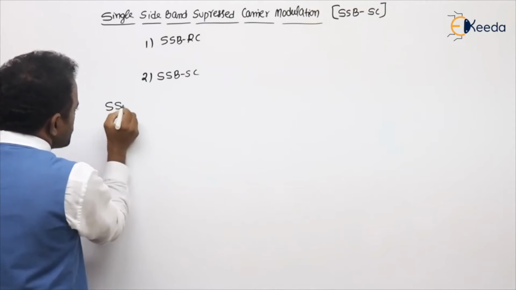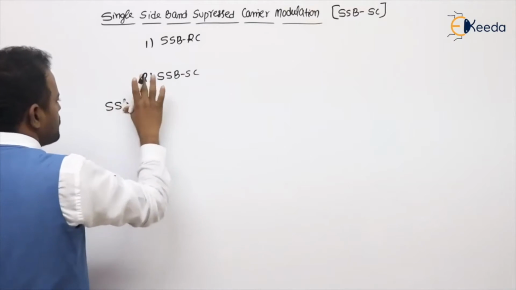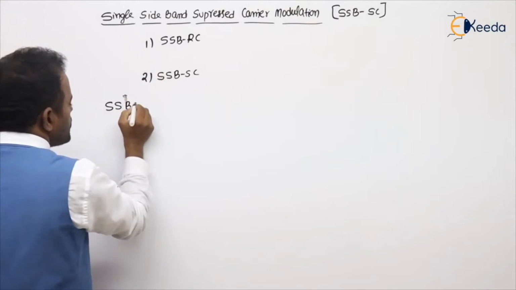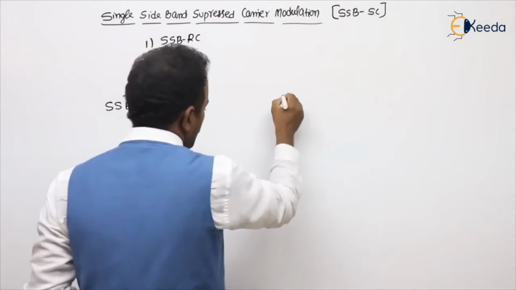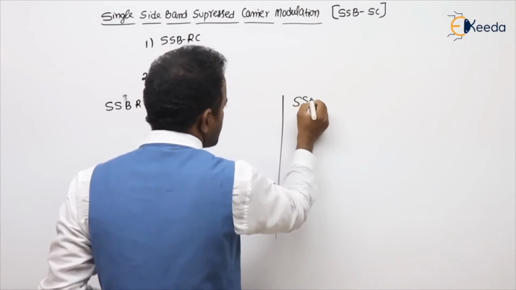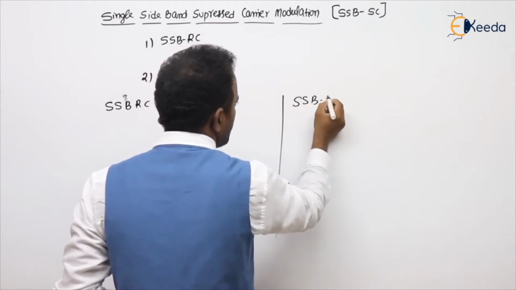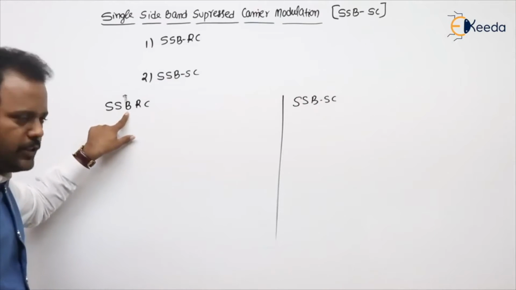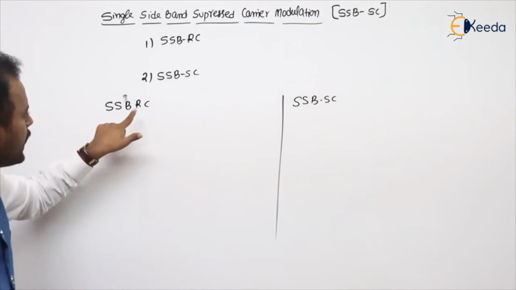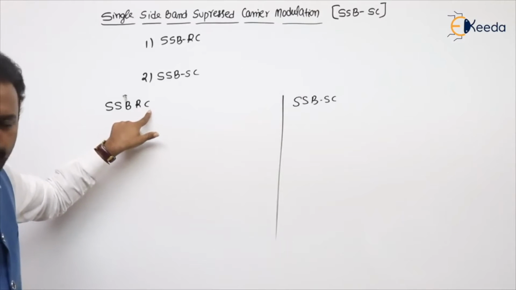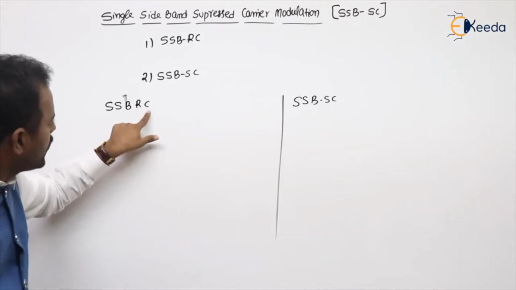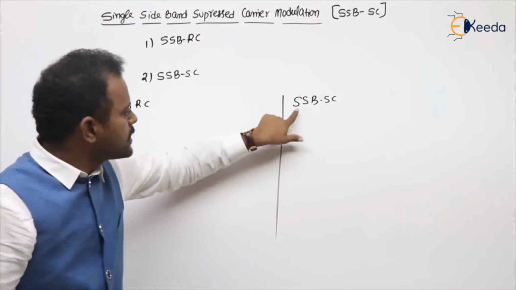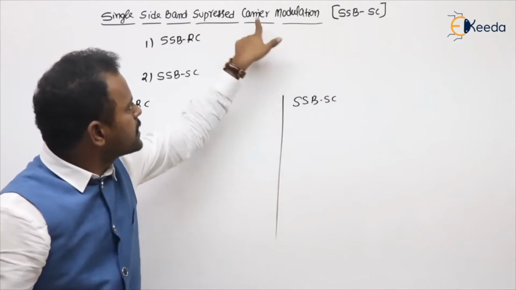What is SSB-RC, sir? What is SSB-SC, sir? SSB-RC is single sideband reduced carrier, and SSB-SC is single sideband suppressed carrier.